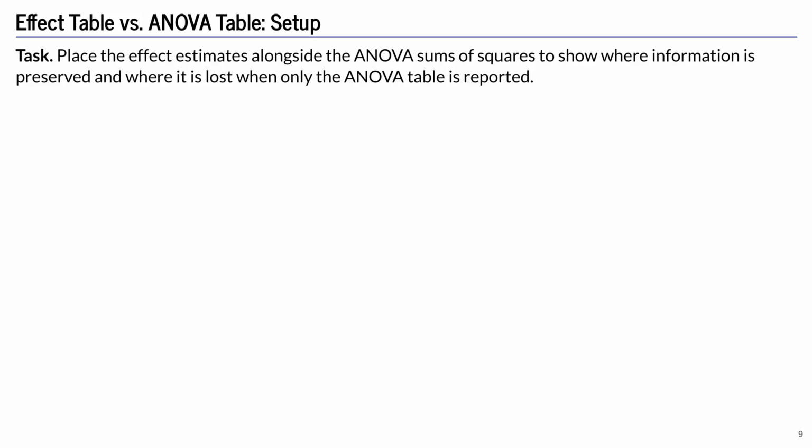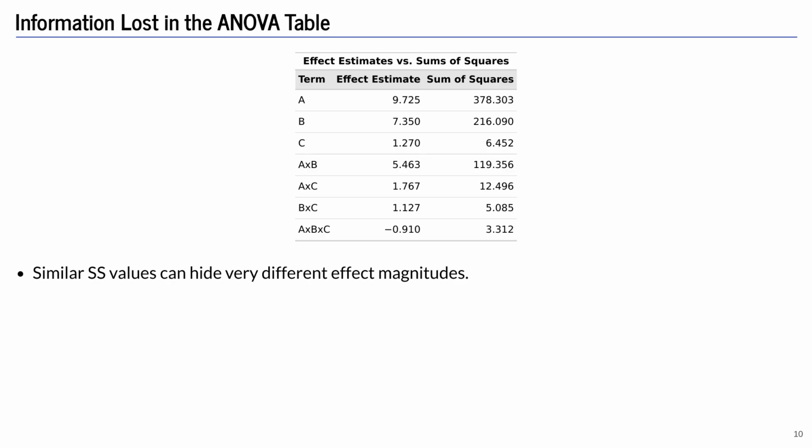Report both. To make this concrete, let us place the effect estimates alongside the sums of squares for the polymer experiment, so you can see exactly where information is preserved and where it is lost. Here is the comparison. Temperature has an effect of 9.72 and a sum of squares of 378.